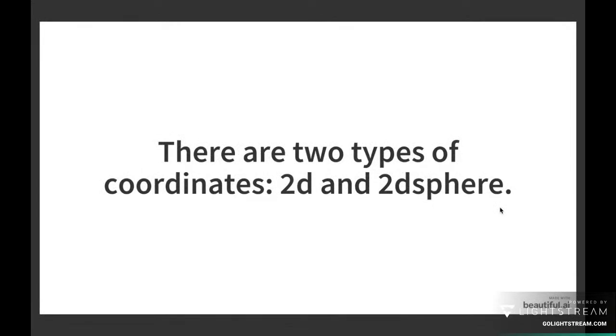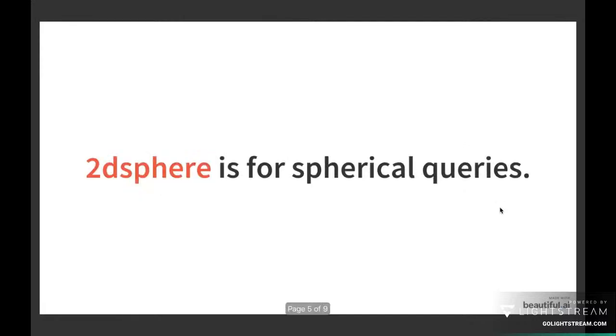The next is there are two types of coordinates, 2D and 2D sphere. Okay, so 2D sphere. Kasi for example, di ba, yung world, hindi siya flat unless flat earther kayo, get out of here. So, kung 2D sphere, kung globe yung pinag-uusapan natin, which is usually yun naman talaga yung world natin. So, what we use is the 2D sphere.